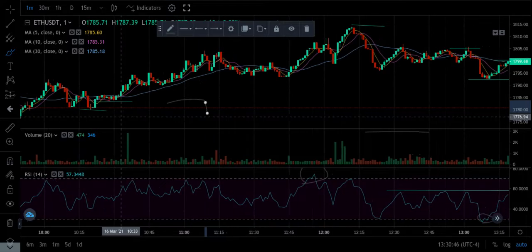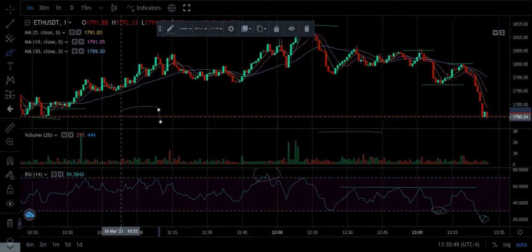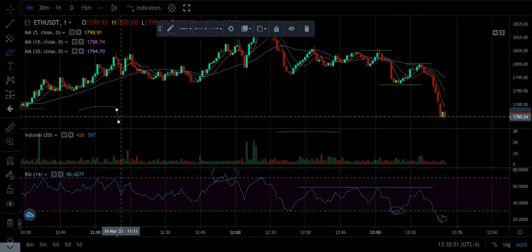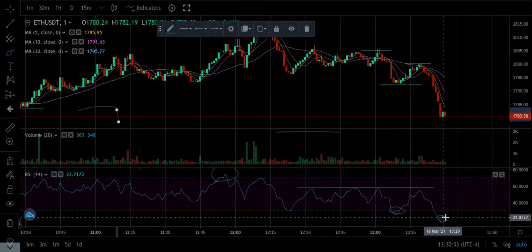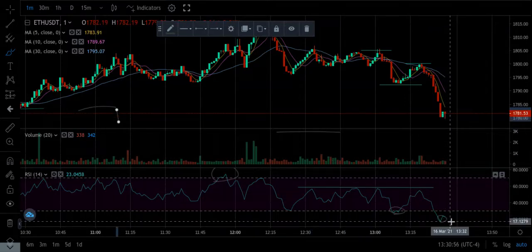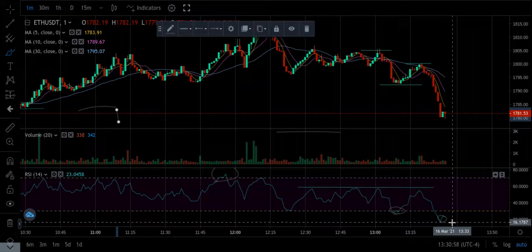So from 1780 to 1776. If we fall to 1776, this RSI is going to dip back down to 15 or 16 for Ethereum, and that would be your second entry.